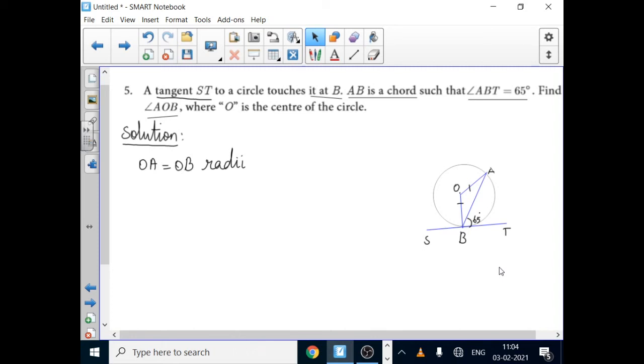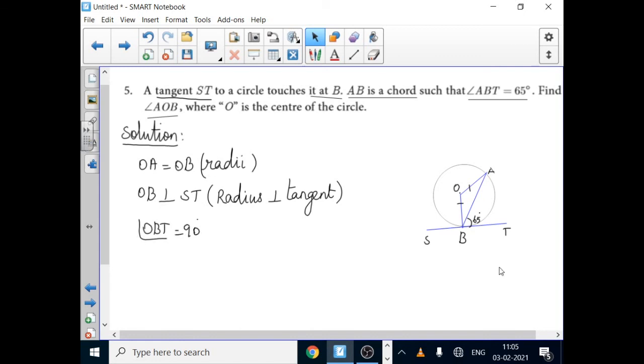If I take OB is radius and ST is a tangent, so that OB is perpendicular to ST. The reason is radius perpendicular to tangent. Next, that means angle OBT is equal to 90 degree.